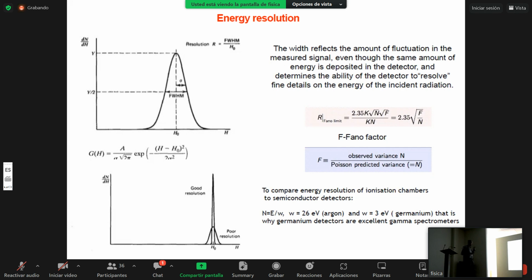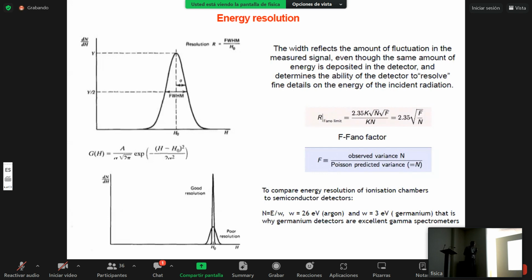I'm not going deep into details, I just want to show you that in this distribution we can get this value, and with detectors we count the number of, for example, electrons, or the number of electron-ion pairs, or the number of electron holes.